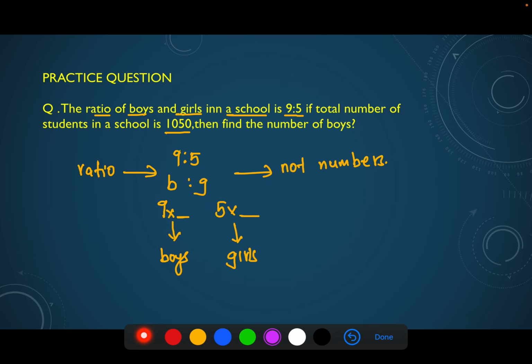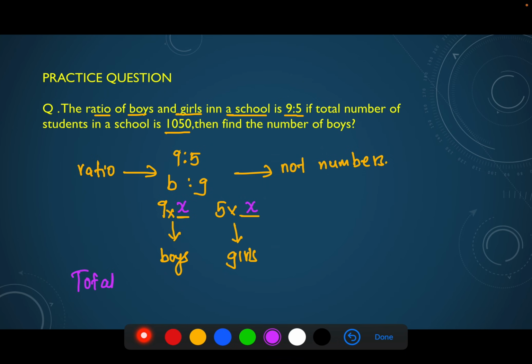So I will assume it is x. Whatever the basic number, that can be same, and they will be multiplied this many times.